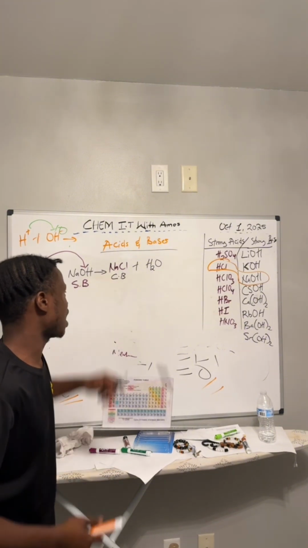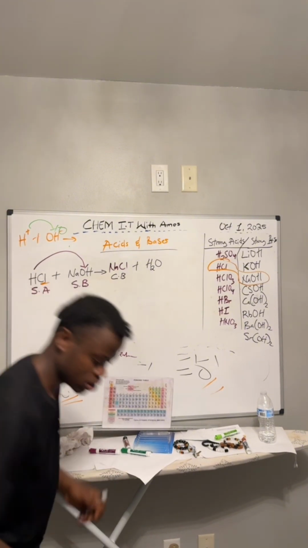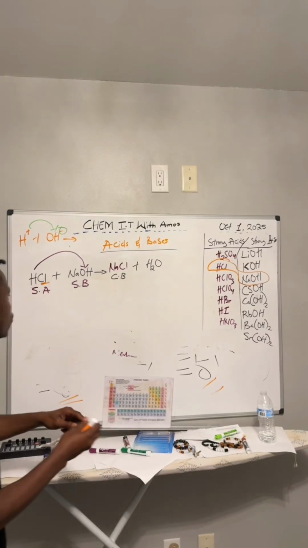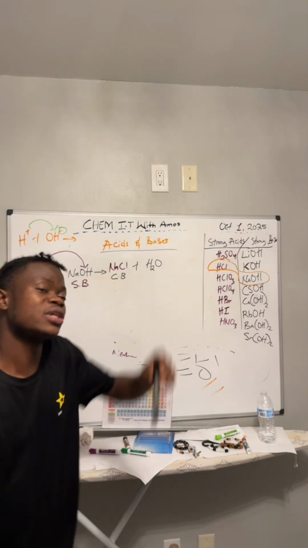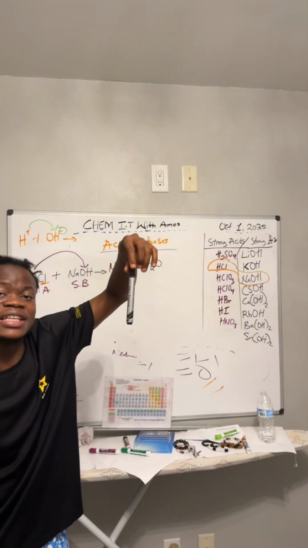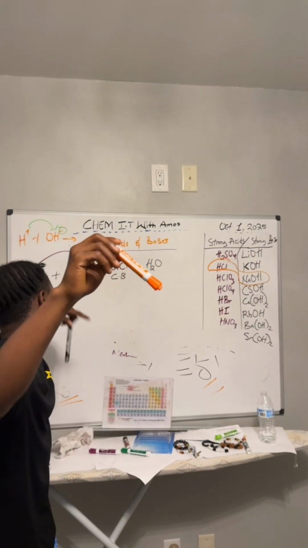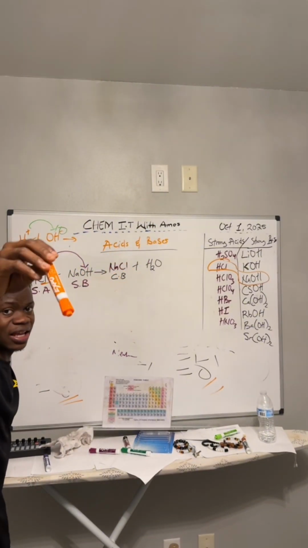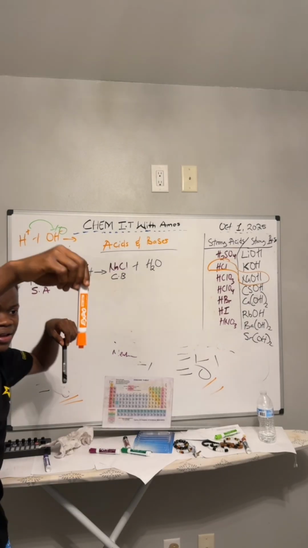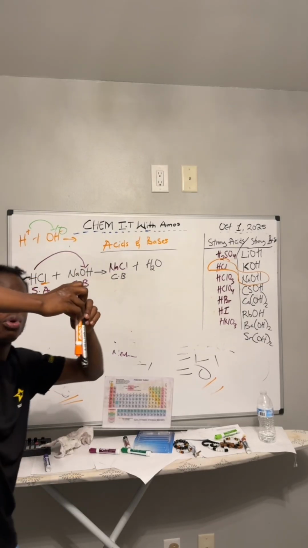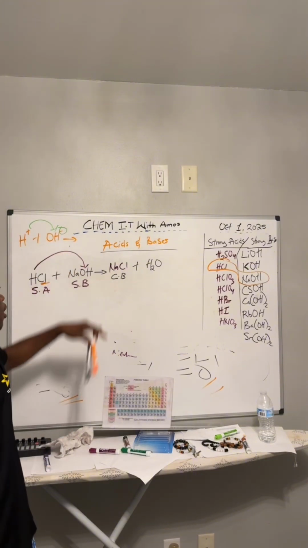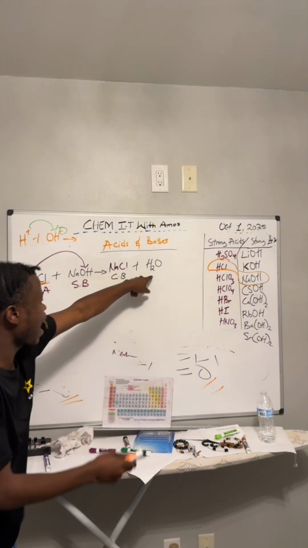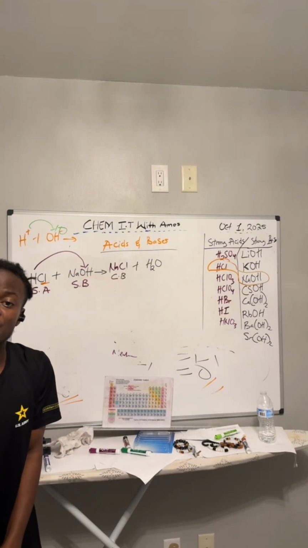Let's say for this guy here, for sodium hydroxide, you need to get one H, which is this. You accept one from hydrochloric acid. It becomes H2O. So what is being formed becomes what? The conjugate acid right here.